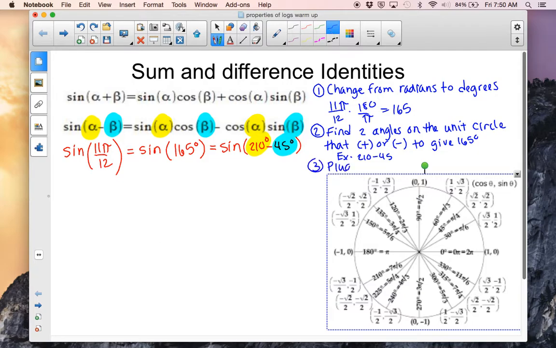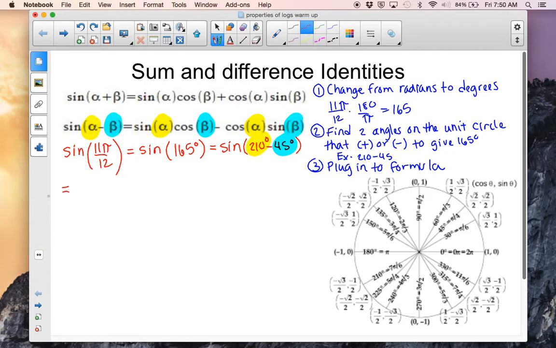plug into formula. All right. So sine 11 pi over 12 equals sine 165 equals sine 210 minus 45 equals, and I'm going to substitute in.